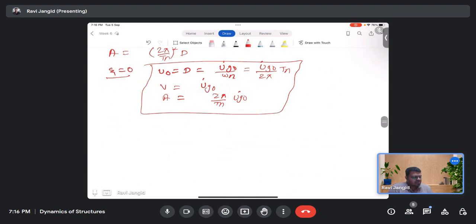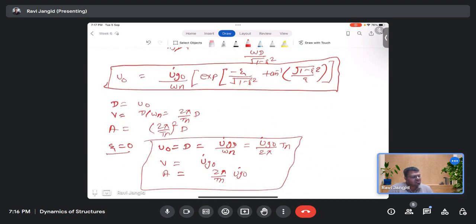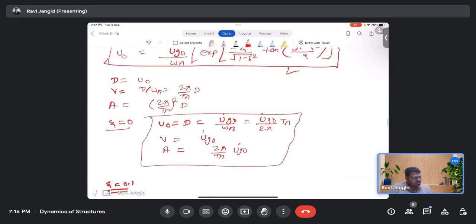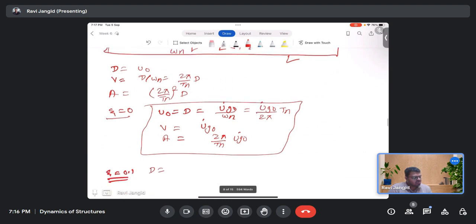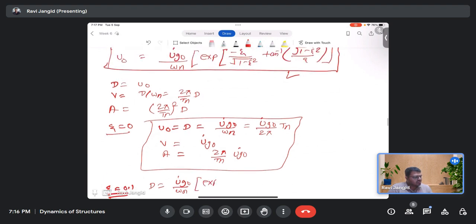For damping 0.1, if I put damping as 0.1 in this equation, d becomes u_g0 dot by omega_n times exponential of minus 0.1 over square root of 1 minus 0.1 square, tan inverse of square root of 1 minus 0.1 square over 0.1.